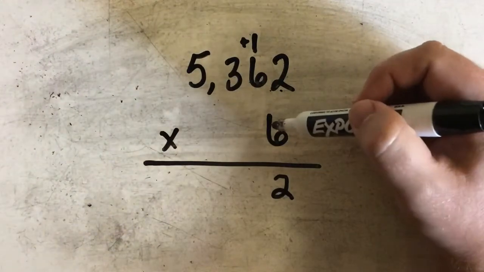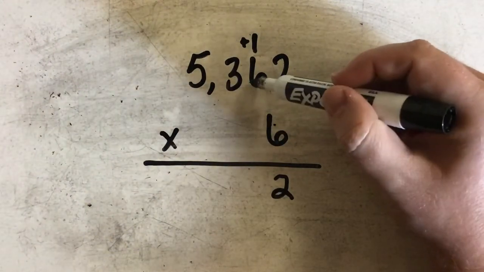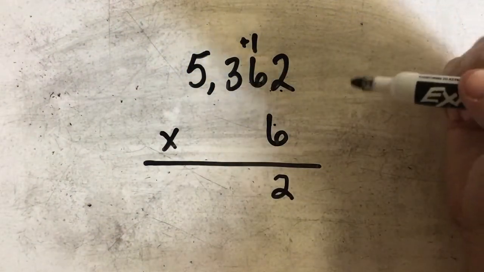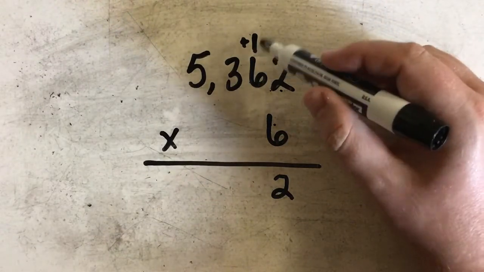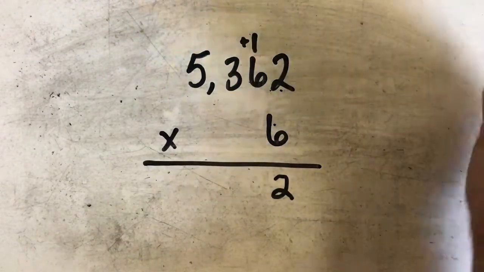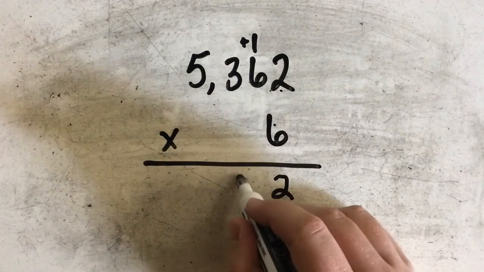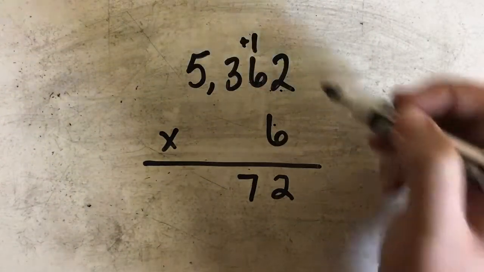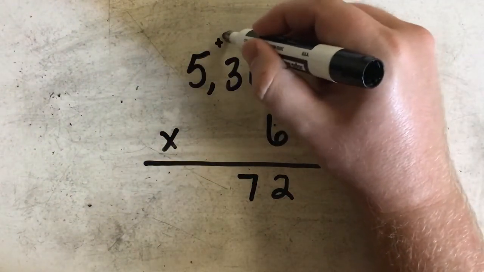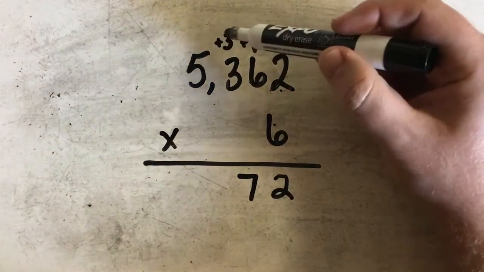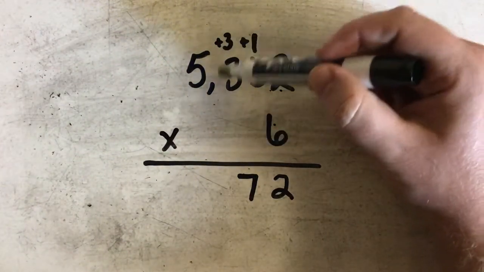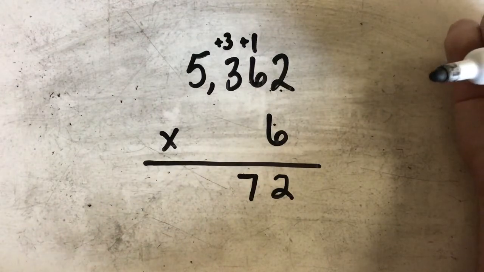Then I'm going to continue multiplying. 6 times 6 would give me 36, plus that 1 would give me 37. So I'm going to write my 7 down here, and now I'm going to write plus 3 up here, and that would be 37 above my next place.